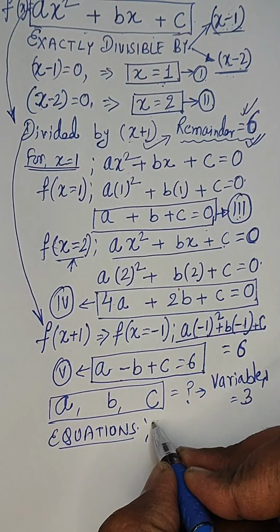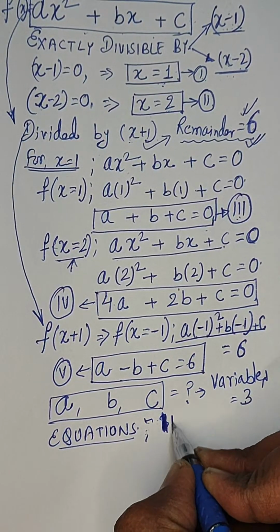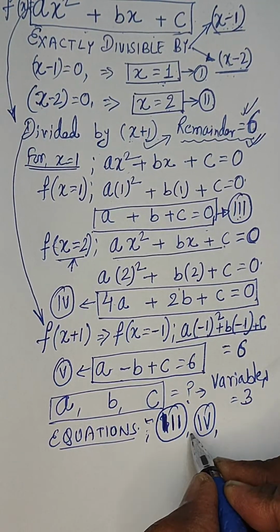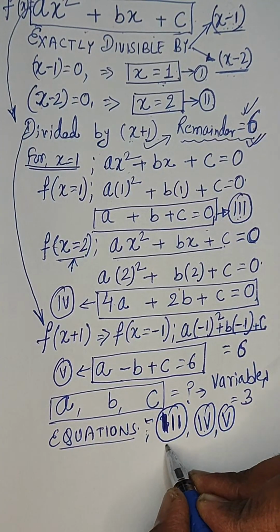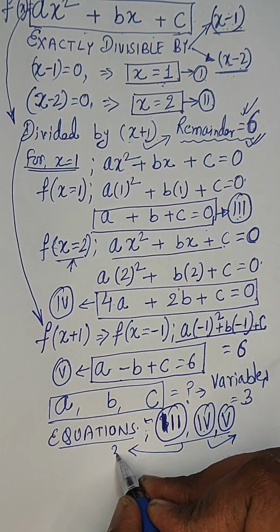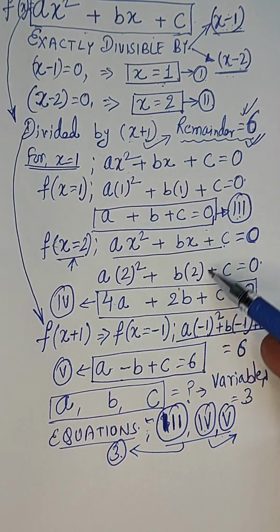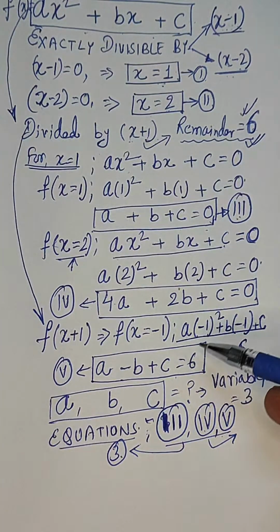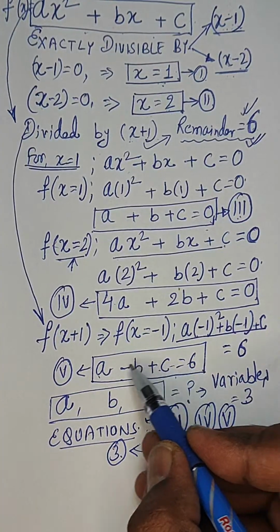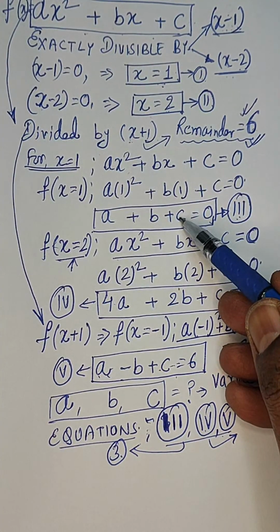So you can see variables 3 and equations 3. Are you not able to solve it? Because these three equations can be solved. You just substitute the value of a plus c from here into this, and you get the value of b.